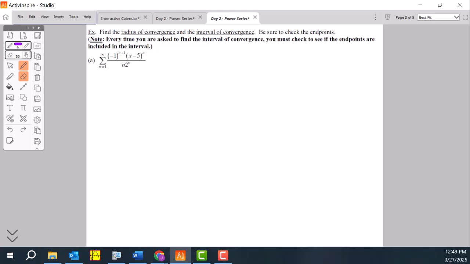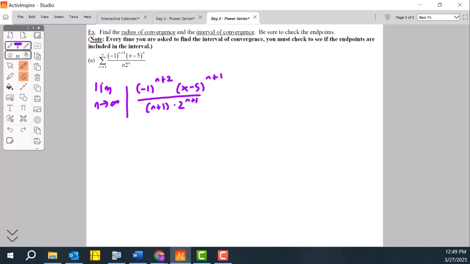So looking at the first problem, we want to find the radius of convergence and the interval of convergence. To do this, we're going to start by doing the ratio test. This is a test from last unit. It allows us to easily come to a conclusion about the convergence of this series. So we have -1 to the n plus 2, x minus 5 to the n plus 1, over n plus 1 times 2 to the n plus 1.